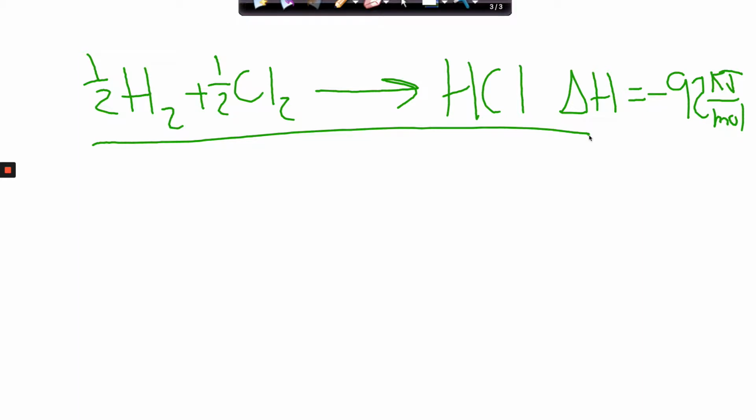So all of these values in this table are actually the energies of reactions, with the understanding that the thing in the table is the product, and then the reactants are just the elements that make up the product.